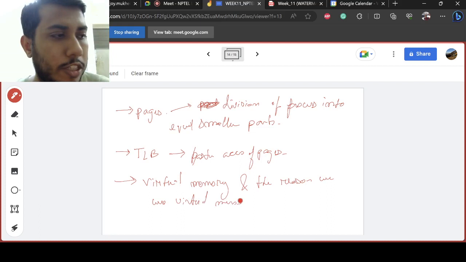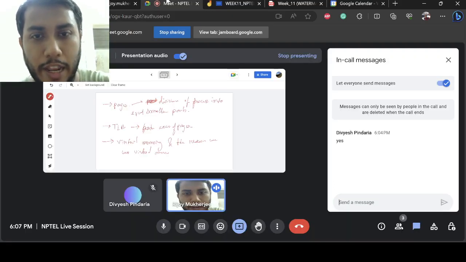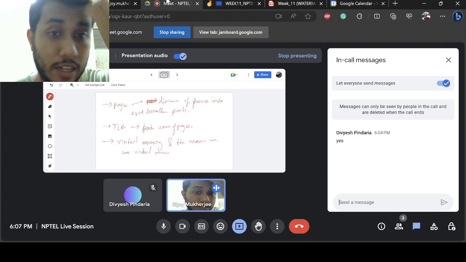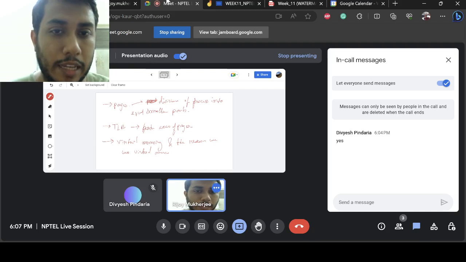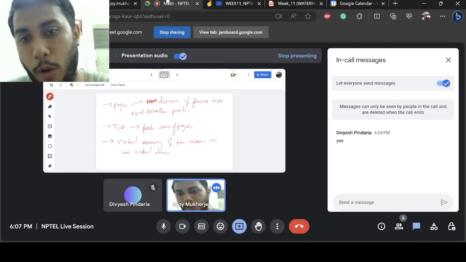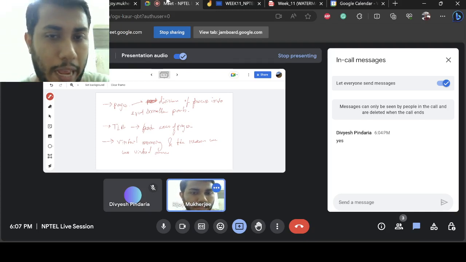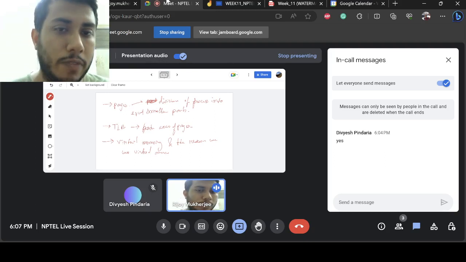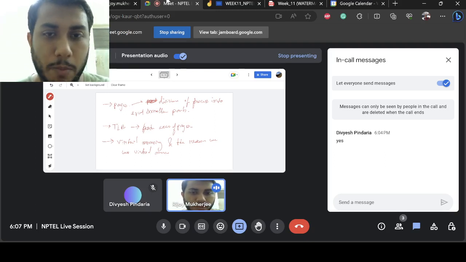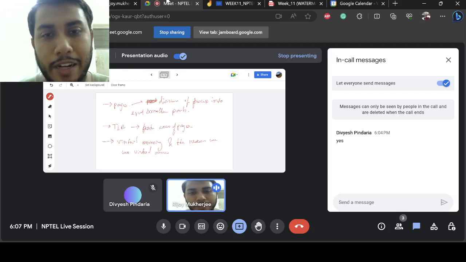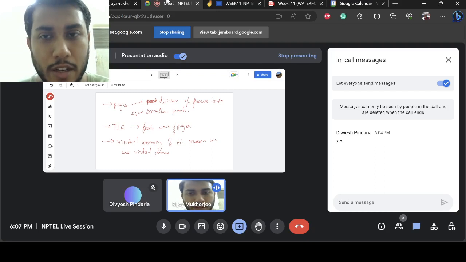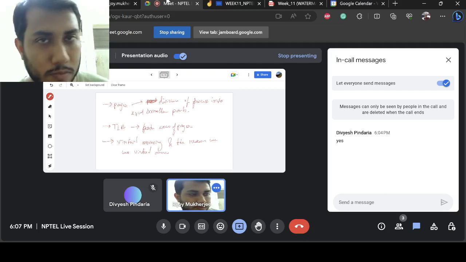At a time the CPU doesn't need all the pages of the process, so you can keep a few pages of the process in your main memory and execute it, and the rest of the pages of the process can be stored in the virtual memory, or let's say the secondary memory, and from there, as required, you can access it.